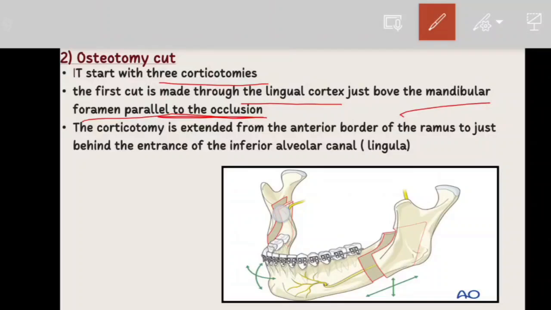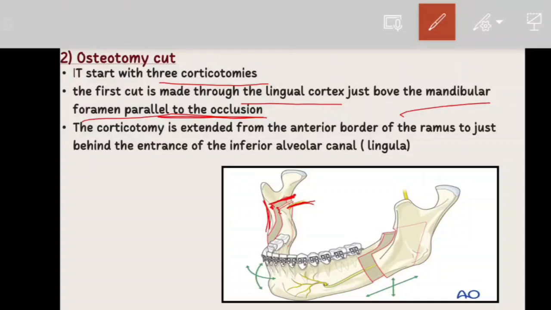It extends from the anterior border of the ramus, just behind the lingula, where the inferior alveolar canal enters. The red line shows the lingual cut above the mandibular foramen.